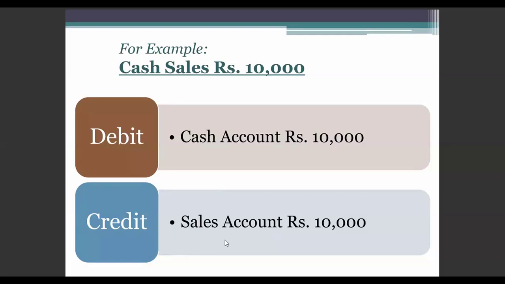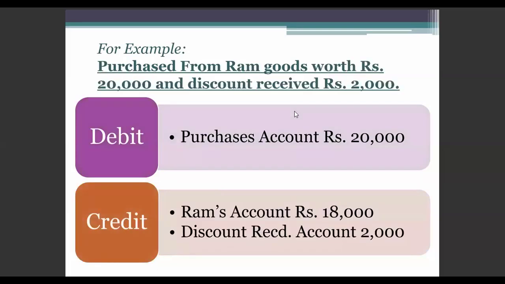But suppose the transaction is like this, where the transaction has three effects or four effects, then we can have two separate entries. And also we can have a single entry that we call a combined entry. Now suppose in this transaction, I want to write a clear entry: purchase from Ram goods worth rupees 20,000, right?